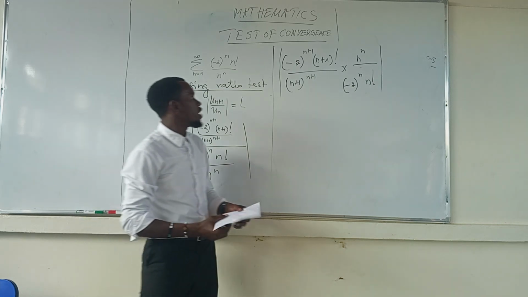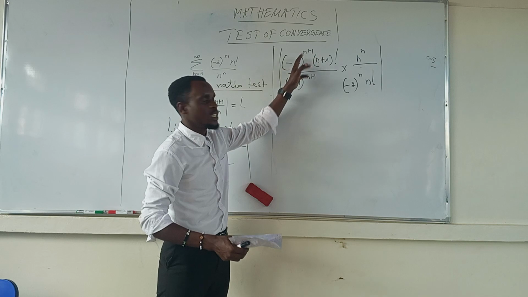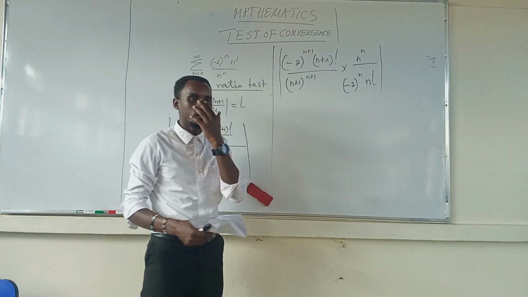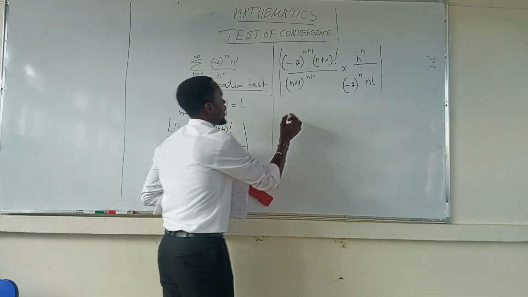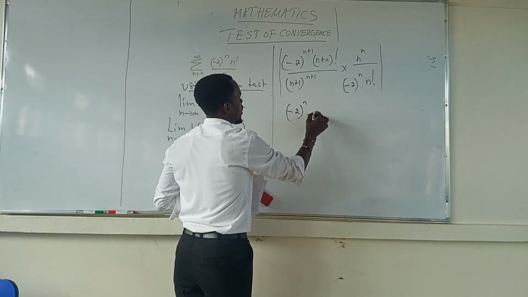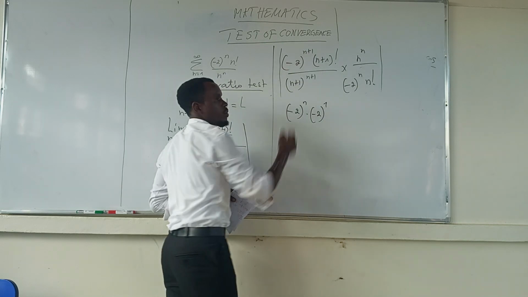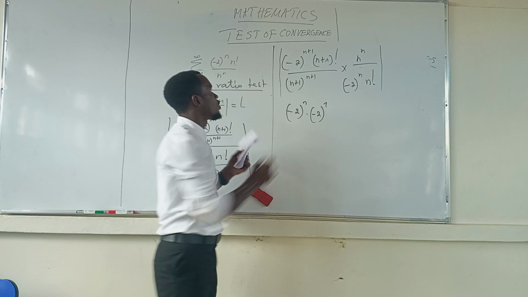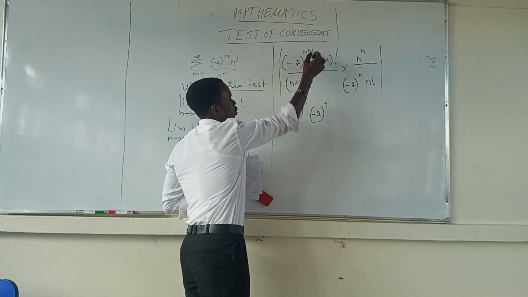If you observe carefully, you will find that here this is an exponential expression. I have to split it by having negative 2 power n times negative 2 power 1. You can see that when there is a sum in the power, you take negative 2 power n times negative 2 power 1.